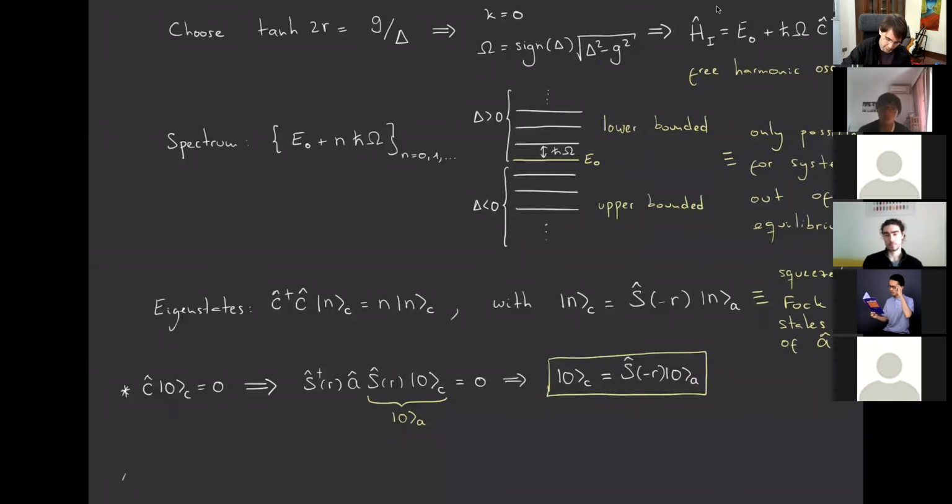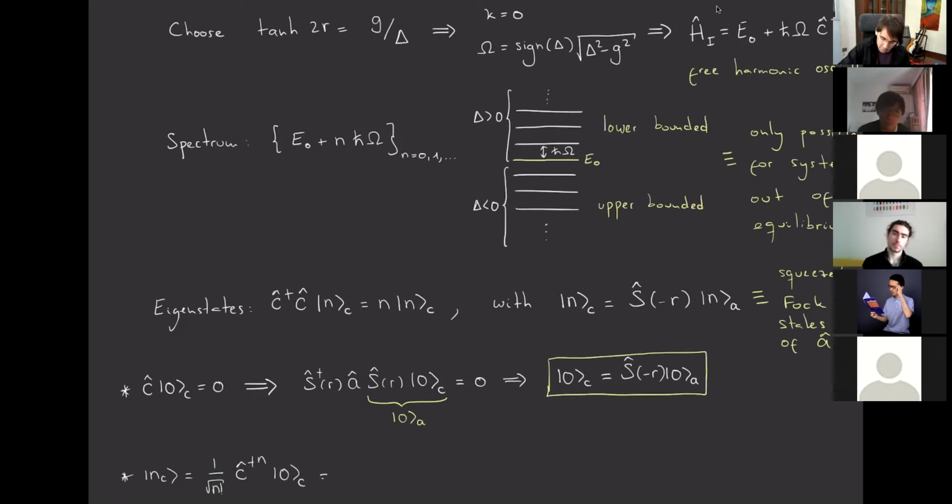Now, using this, we can show that this is the case for any number state, for any Fock state, in the following way. It's very simple. So what is the definition of a Fock state N? This means that we have to apply the C dagger operator, so the creation operator, N times onto the vacuum, and just divide by the square root of N factorial for normalization.